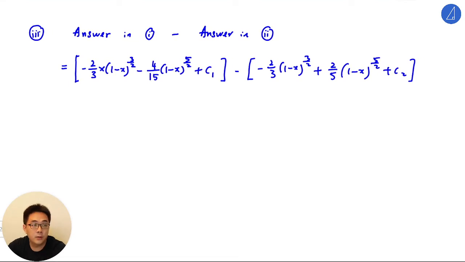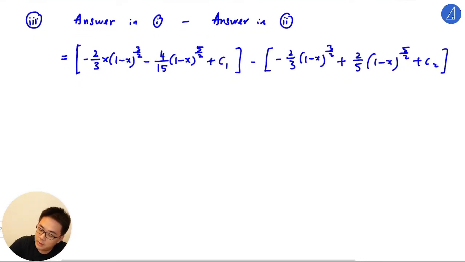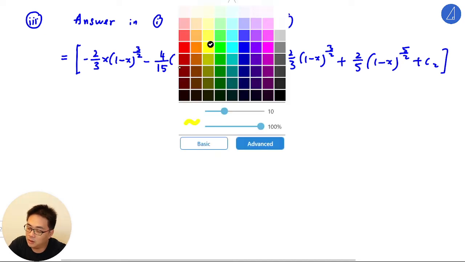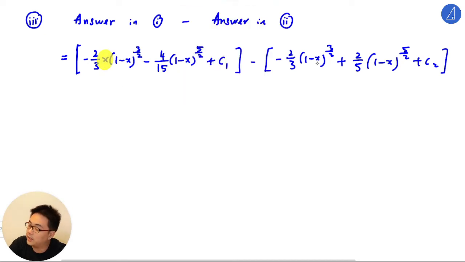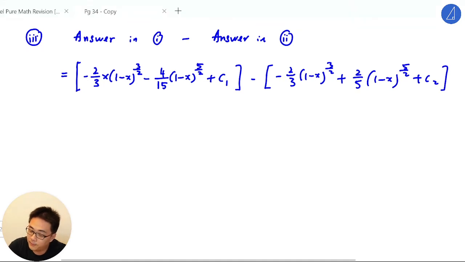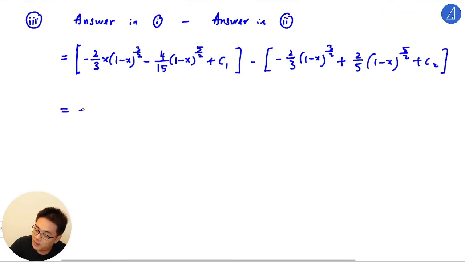So once done, just slowly and carefully. You see that there's x here, there's no x here. So you try and factorize something out. This is algebraic manipulation. From here it is all algebra, so be careful.